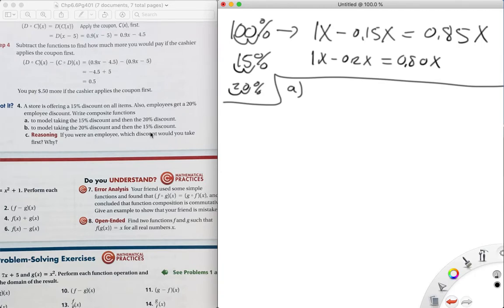So let's say that we'll call the 15% discount f of x.